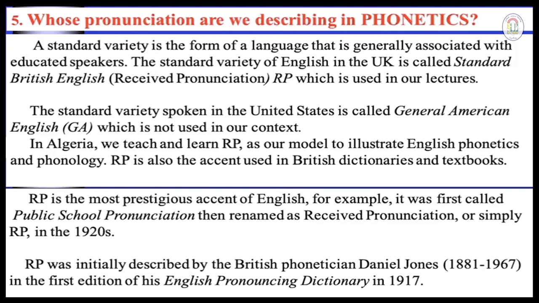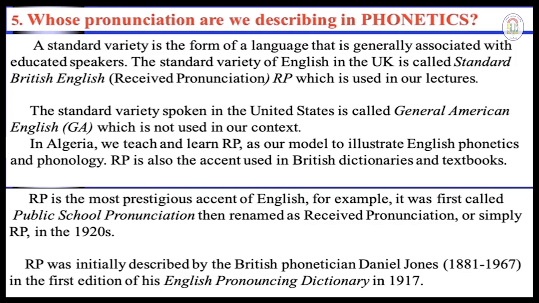The standard variety of English in the UK is called Standard British English, Received Pronunciation, or RP, which is used in our lectures. The standard variety spoken in the United States is called General American English, which is not used in our context. In Algeria, we teach and learn RP as our model to illustrate English phonetics and phonology.